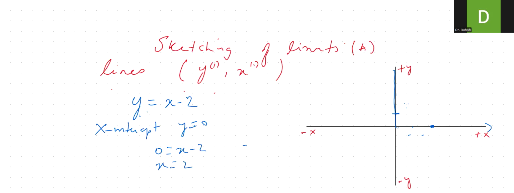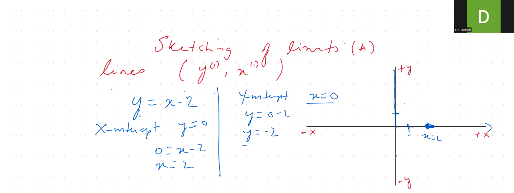So whenever you are standing on the x-axis, x = 2 is the point. When you are on the y-axis, it is the y-intercept, where x is 0. You use x = 0 in this equation and you get y = 0 - 2, so y = -2. So this is the point where y is -2.